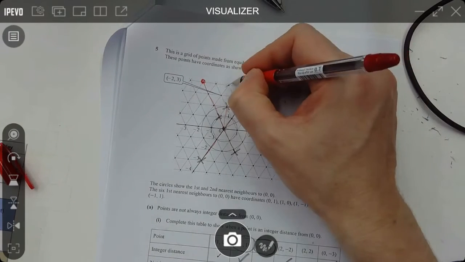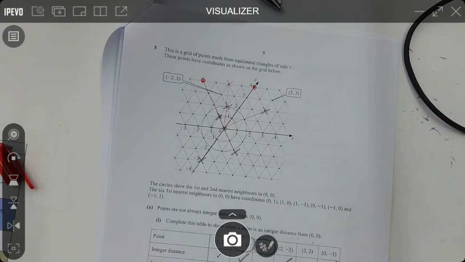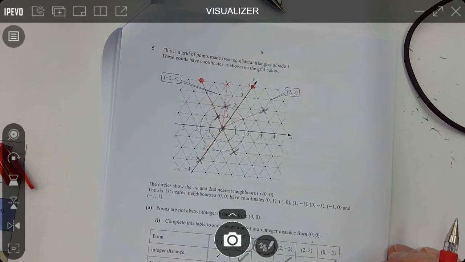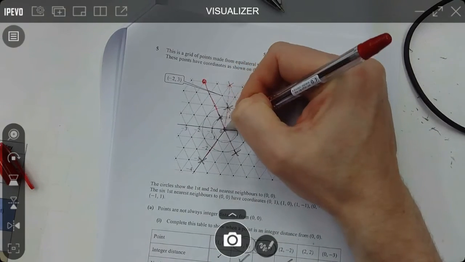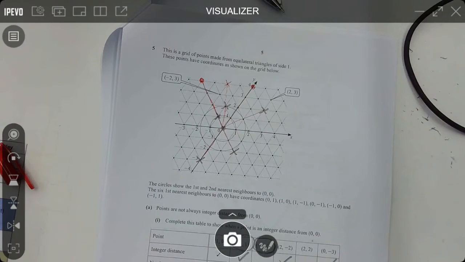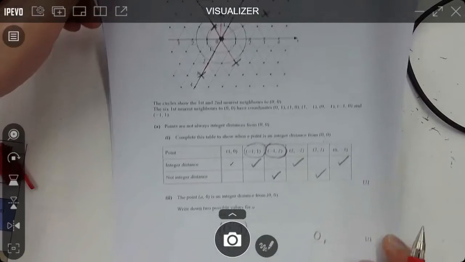For example, if we picked another place like there, it doesn't travel along the lengths of the equilateral triangle. So it's not going to give us a whole integer distance. But here we travel 1 unit, 2 units, 3 units, 4 whole units. So it's a whole number, an integer distance. So that will be our next one then, that works.